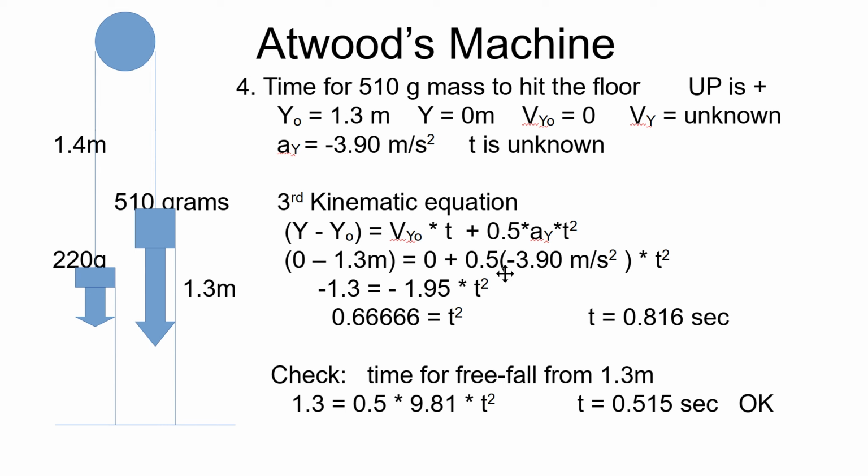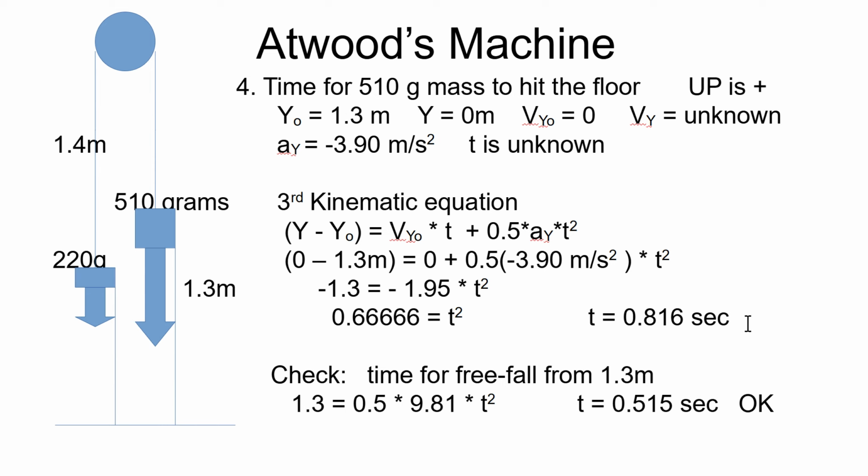And then 0.5, the acceleration, and t squared. Again, pause this, pull out your calculator, and I came up with t squared of 0.6666, a lot of sixes on my display. Taking a square root of both sides, I find that the time for the 510 gram object to move from rest down to the floor is 0.816 seconds.